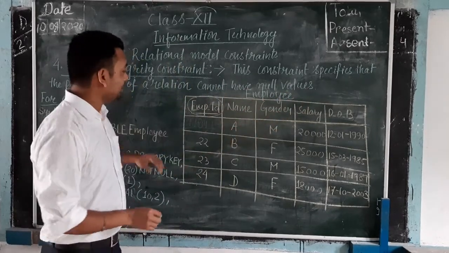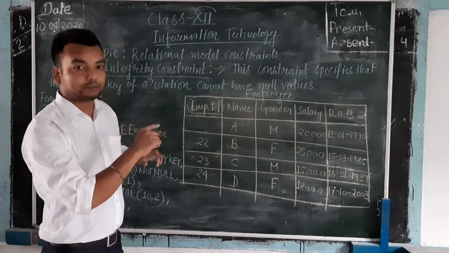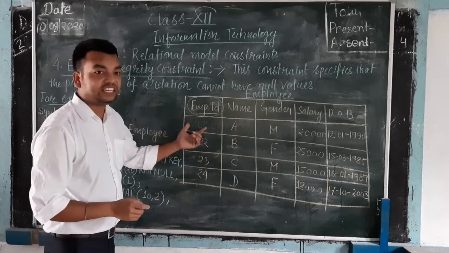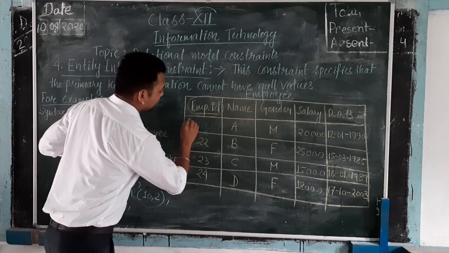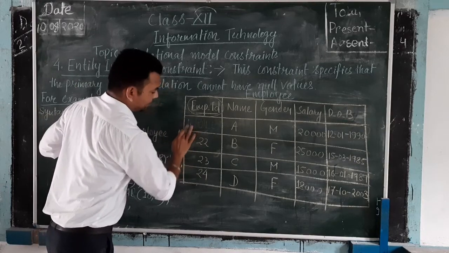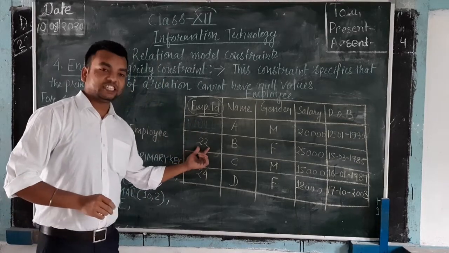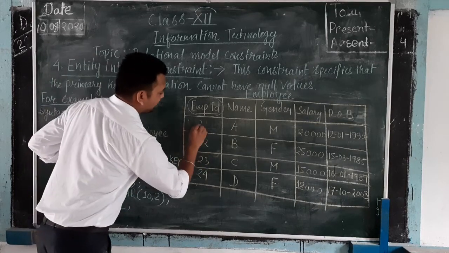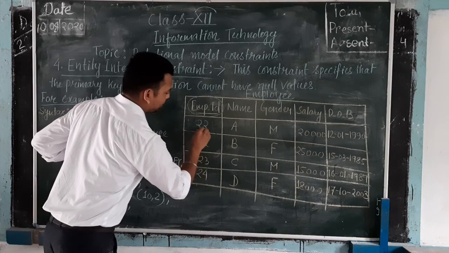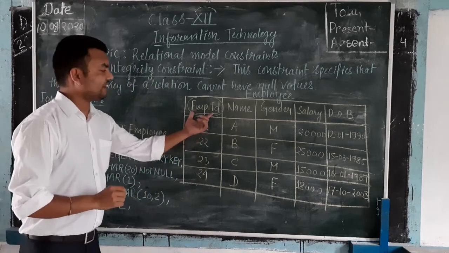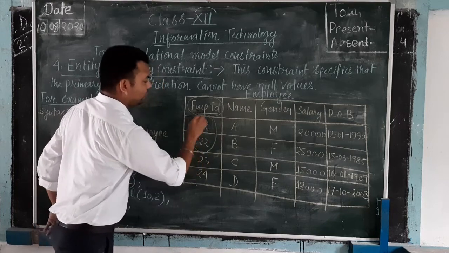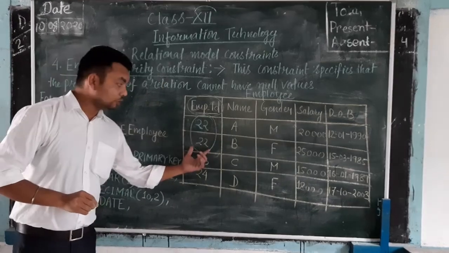And one more thing, we have learned that this primary key field also does not accommodate duplicate values. Suppose here the employee ID is 22. If we go ahead and insert 22 in the first tuple also, then this is not a valid primary key because it is simply not following the rule of uniqueness.